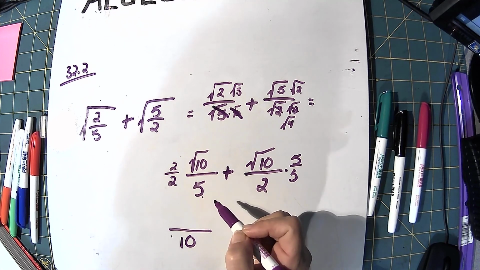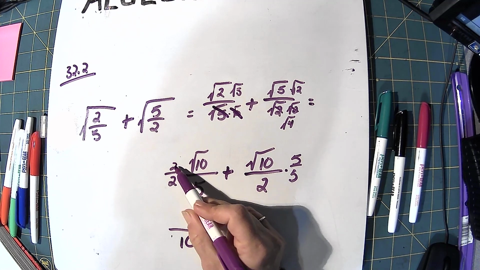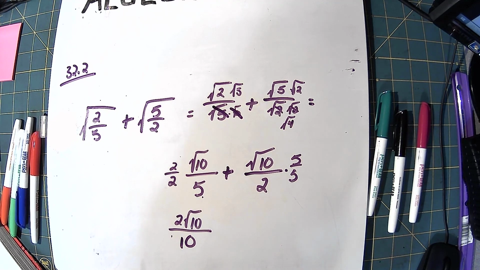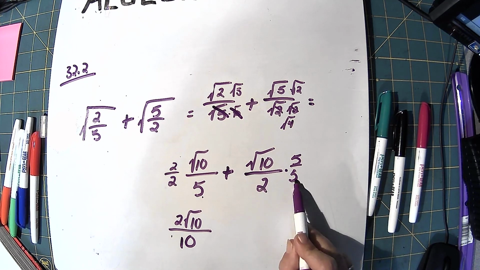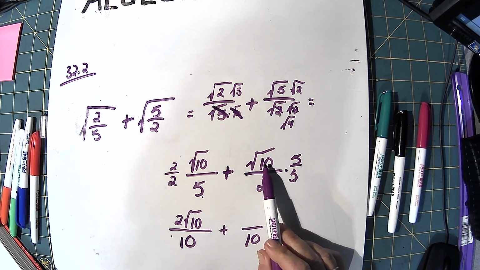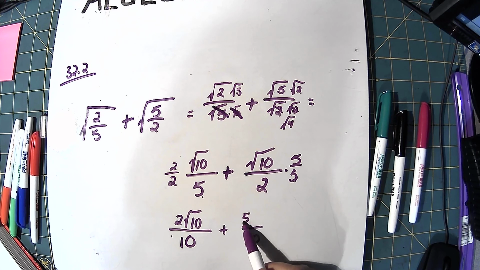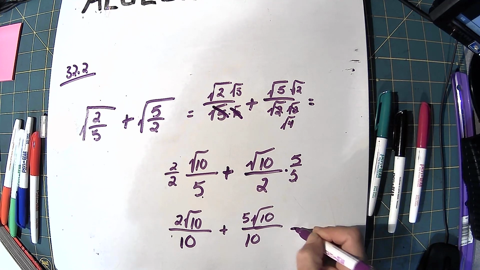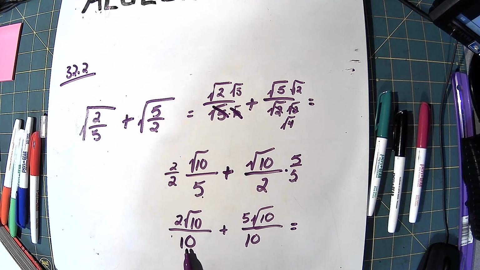And up here, we would have 2 times the square root of 10. Here we said 2 times 5 is 10. And up here, we're going to say 5 times the square root of 10. So then we can actually add these because our denominators are the same and our bases inside our square roots are the same.